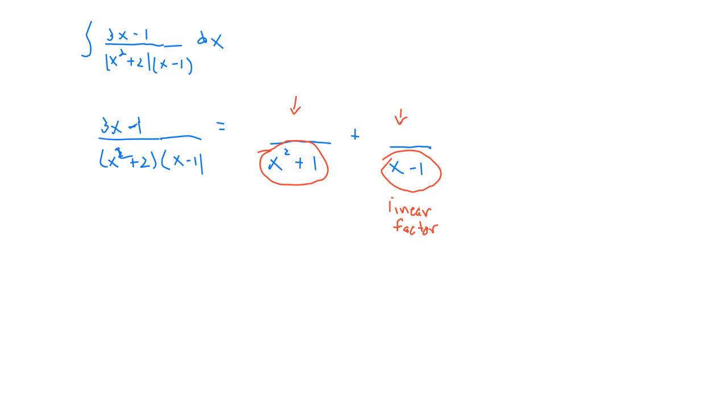Is it a linear factor? No, it's a quadratic factor. Thank you. It should be x squared plus 2. Thank you, Sandhya. That's right. This here is a quadratic factor.